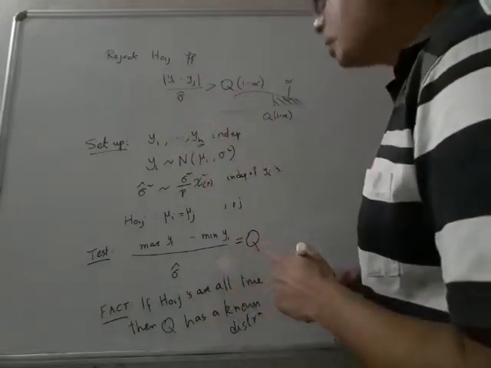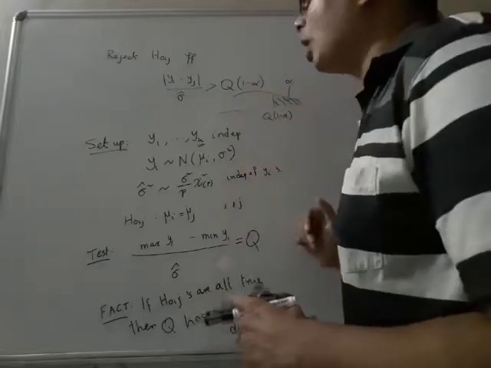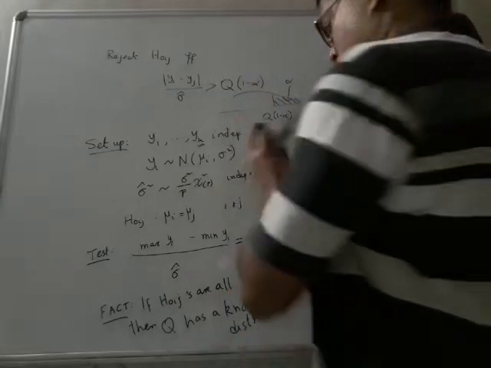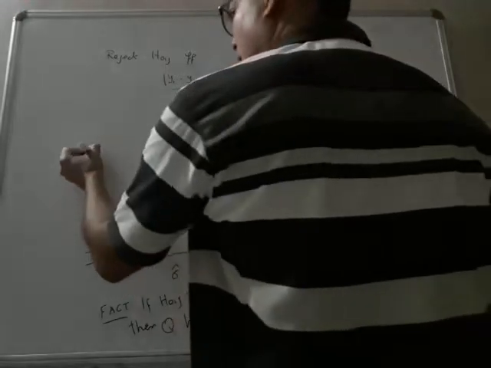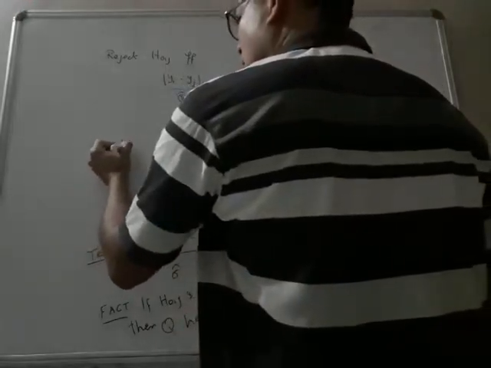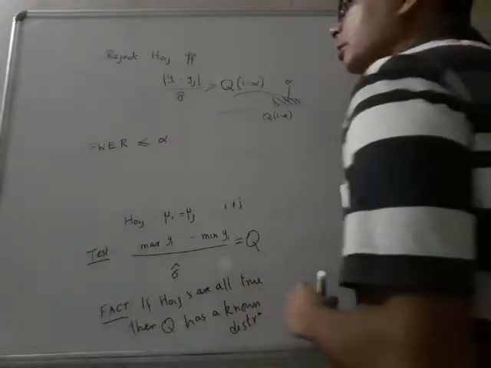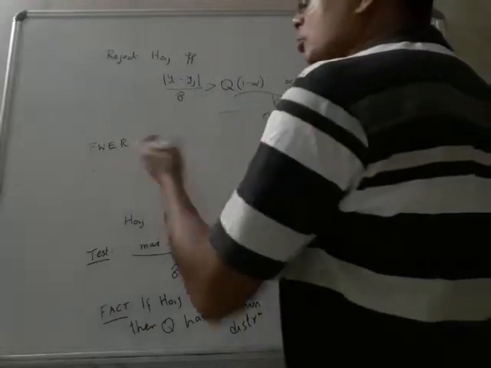Now I claim that this will keep the family-wise error rate less than or equal to alpha. And why is that? That's pretty straightforward. FWER is less than or equal to alpha in this case, and the reason is simple. What is FWER?